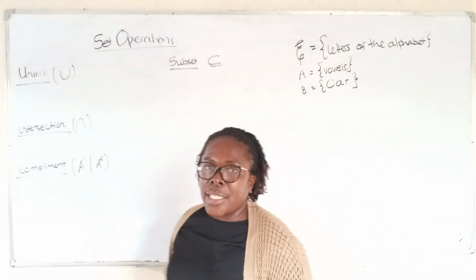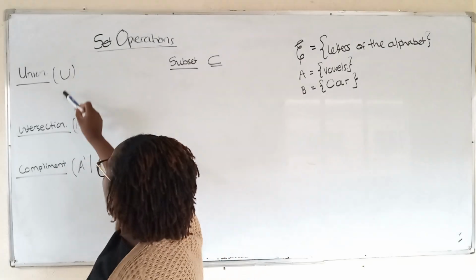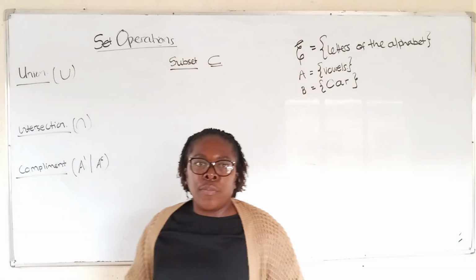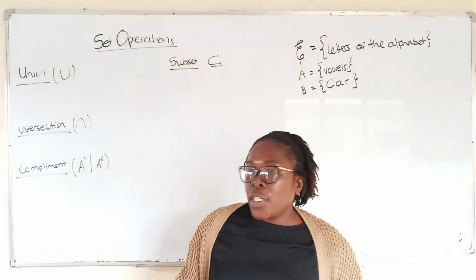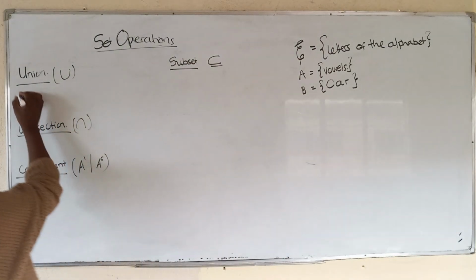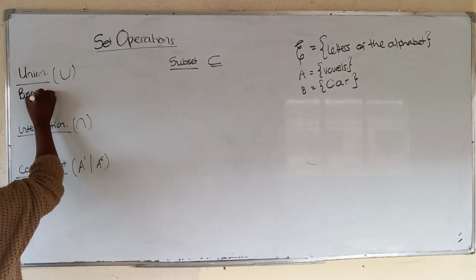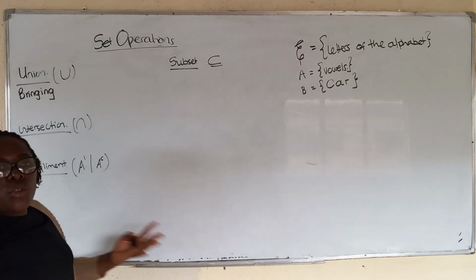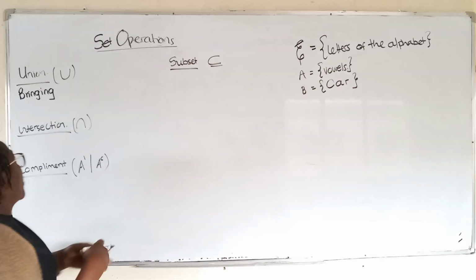Now we already said that the union of a set is denoted by this symbol. That is the symbol that denotes a union of a set. What a union means is just bringing elements together. As we know, a union brings things together.